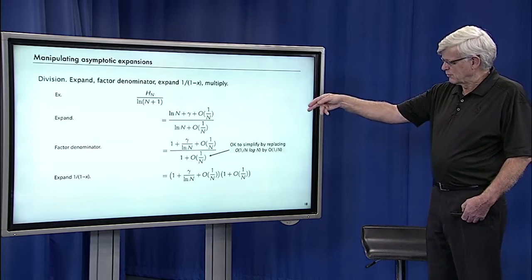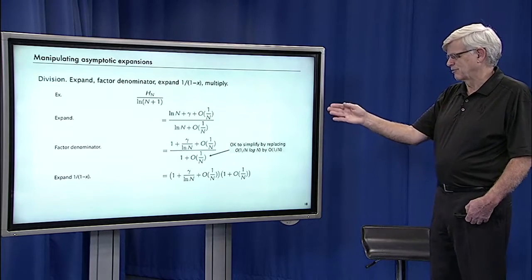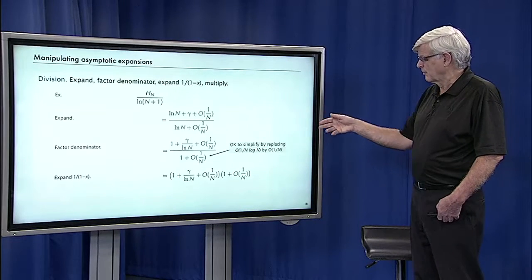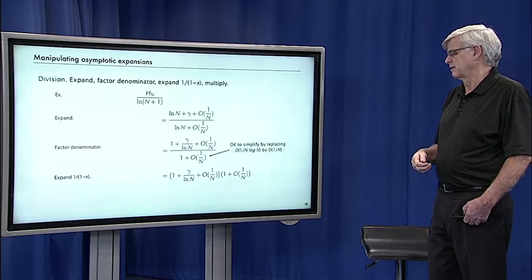And now 1 plus O of 1 over n, if you expand as a geometric series, it just becomes 1 over 1 plus O of 1 over n is 1 plus O of 1 over n, just as a geometric series. And again, if there are more terms, you could carry more terms out there.